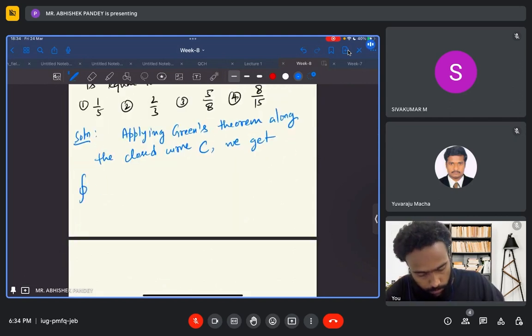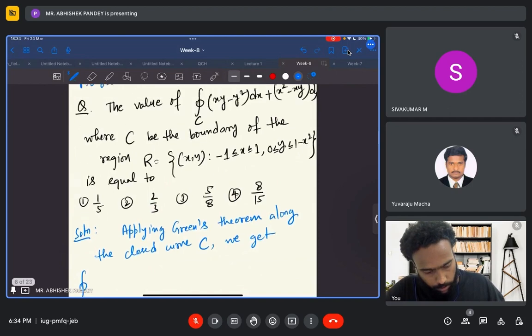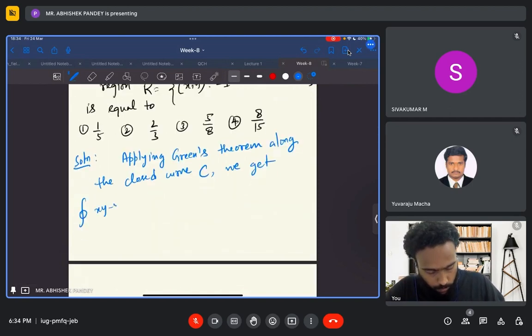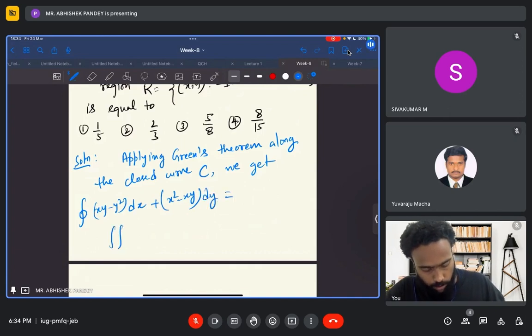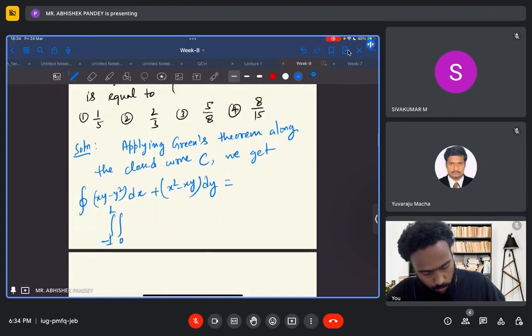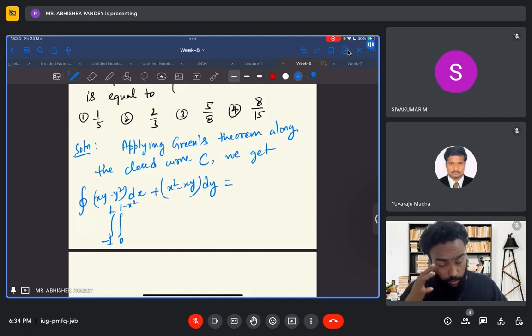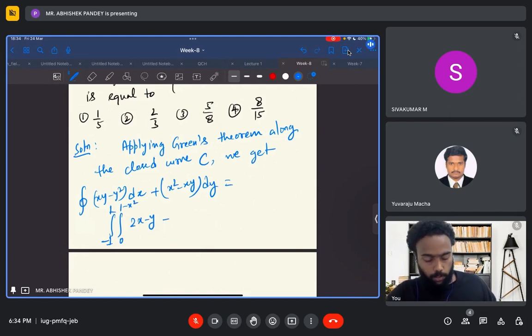Okay, so this will be the integral of (xy minus y square) dx plus (x square minus xy) dy, which equals the double integral over the region, x from minus 1 to 1 and y from 0 to 1 minus x square, of 2x minus y minus, with respect to y, x plus 2y, dy dx.